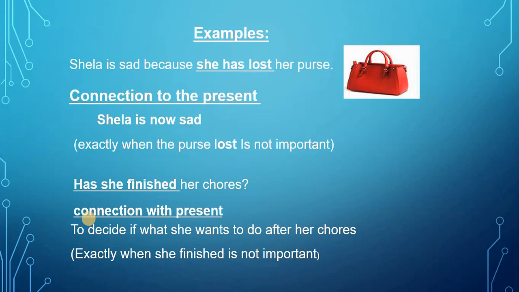It's either yes or no: she has finished her chores, or she hasn't finished them. Has she finished her chores? It doesn't matter when. The result in the present is the same. So we use the present perfect for this situation.